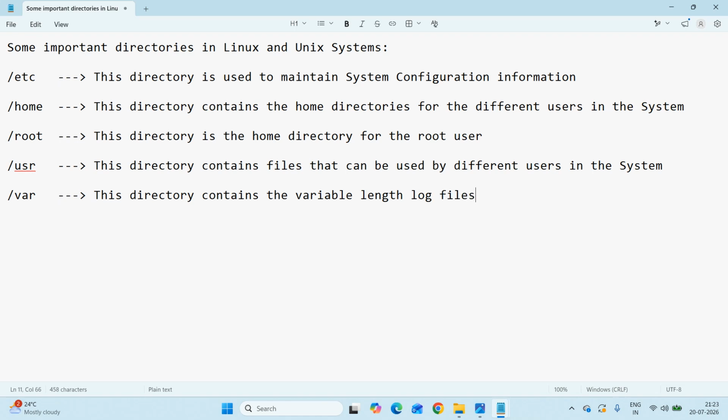Why is it variable length log files? Because typically these log files maintained in this directory will increase in size. That is the reason these are variable length log files, and the directory containing these log files is called /var. So here you can notice, people, the forward slash here, this is the root directory. Below that there is a subdirectory with the name var, and this directory contains the variable length log files.